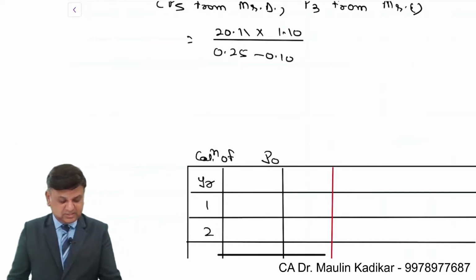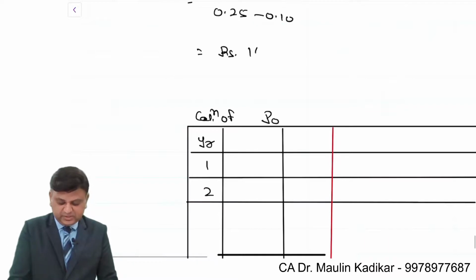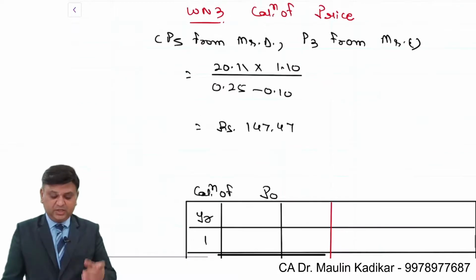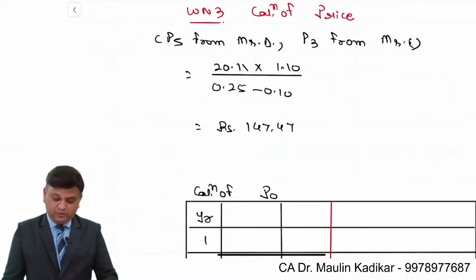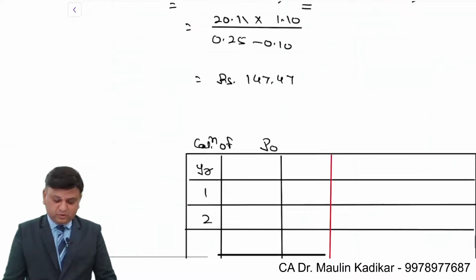So the answer is 20.11 into 1.1 divided by 15%, that is 147.47 rupees. When this amount is going to be received, from Mr. E point of view it is his third year, and from Mr. D point of view it is the fifth year. Then the calculation of P2 will be made.